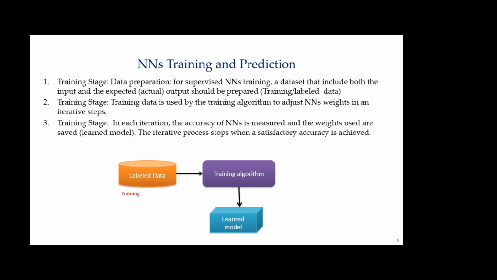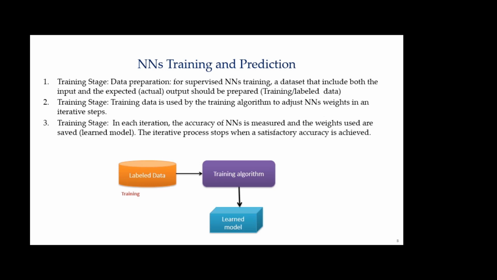In each iteration, the training algorithm will assign weights and figure out how far we are from the right target. Each time new weights are specified, those weights can be stored or saved, and the process will keep repeating until we reach a satisfactory accuracy.